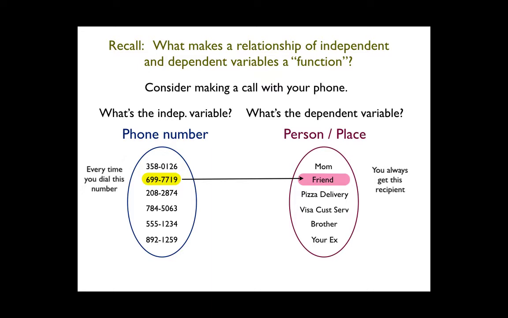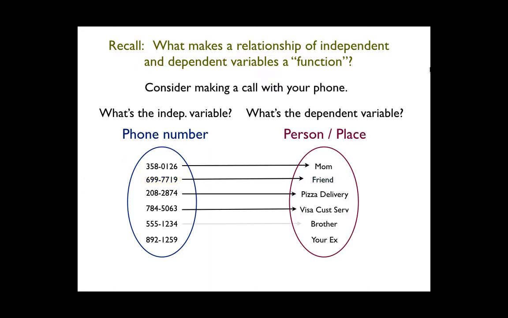That would be bad. So a function, in any case, as it's drawn right here, is drawn as what we were just talking about. This is a one-to-one function. Every one person corresponds to one phone number and vice versa. The fact that this is a function is that every one phone number describes precisely who you're going to get, and you only need to know the phone number to know who you're supposed to get, or what.